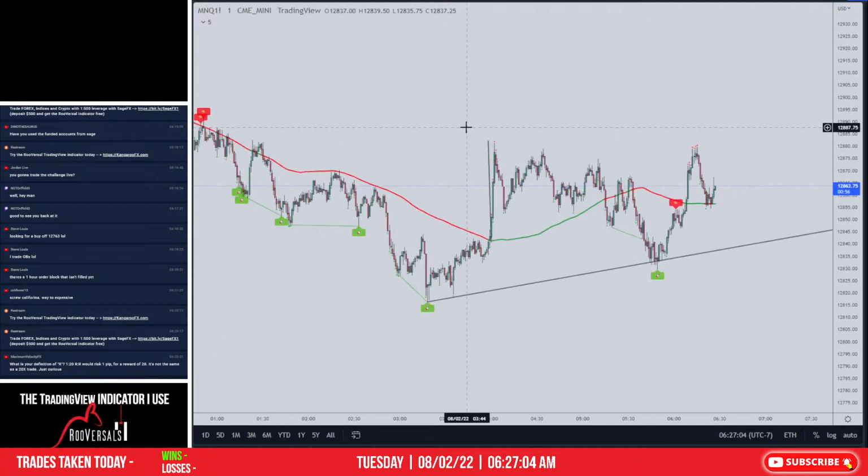Basically, you risk $1, make 20. Yeah, risk 1 pip for a reward of 20.